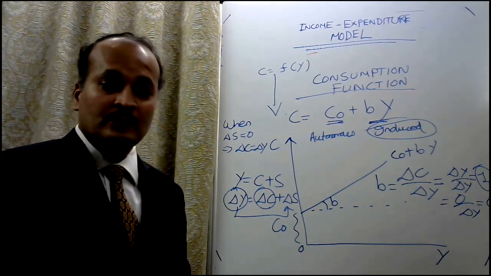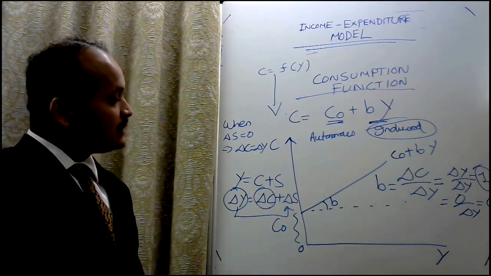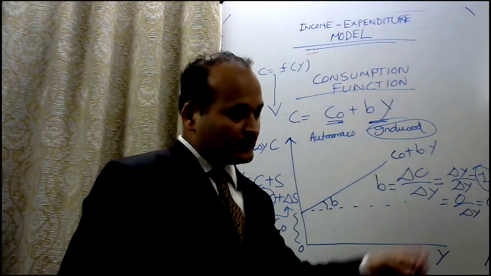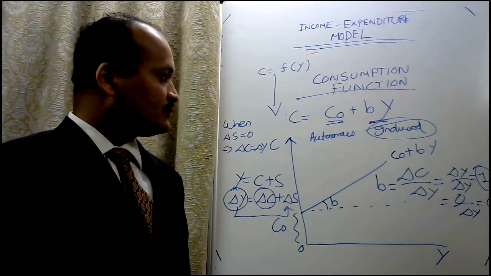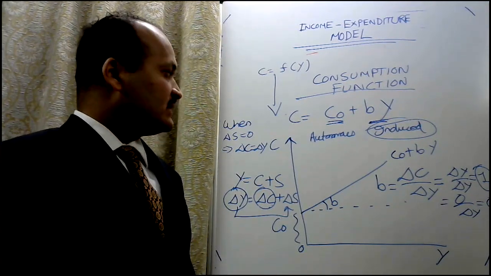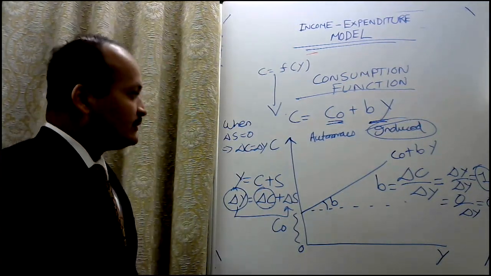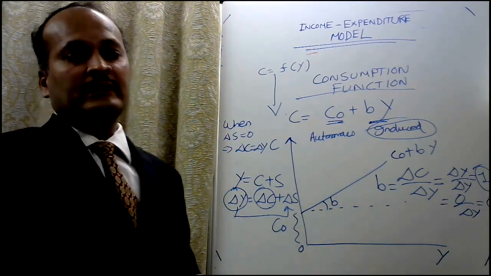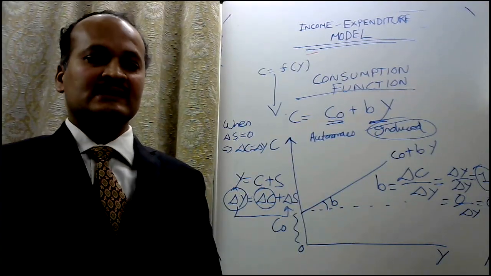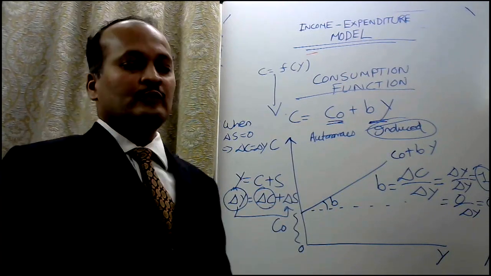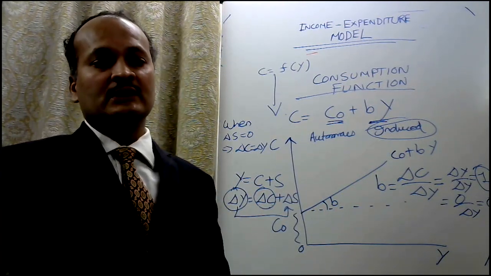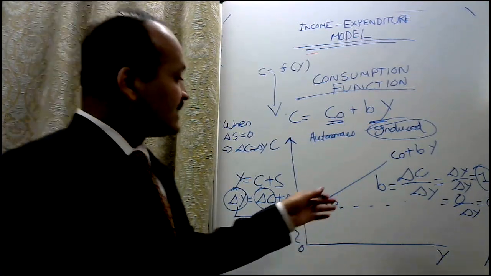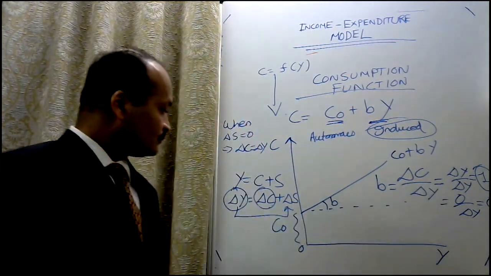It is called the marginal propensity to consume. It is the change in consumption occurring due to a change in income. Because you can consume the entire increase in income, B can be 1. You may decide not to use the increased income in consumption at all. In that case, B will be 0.